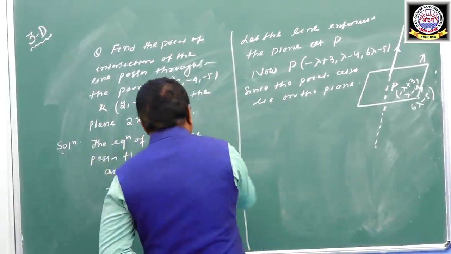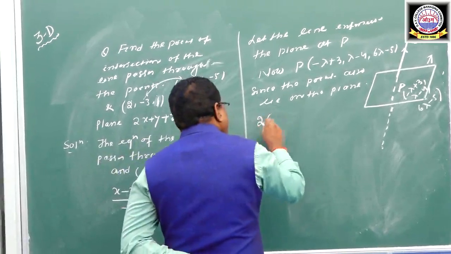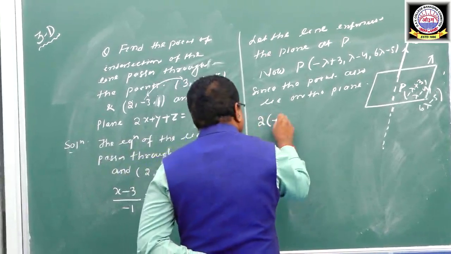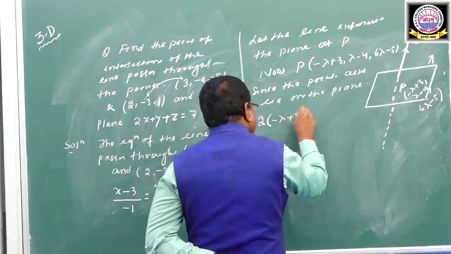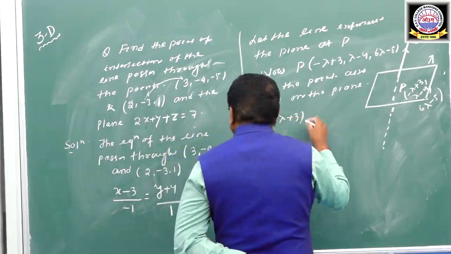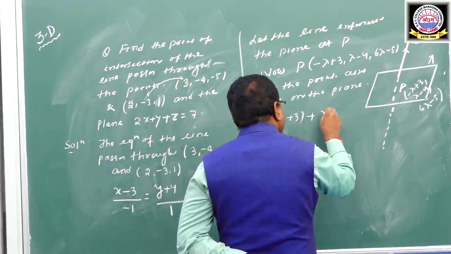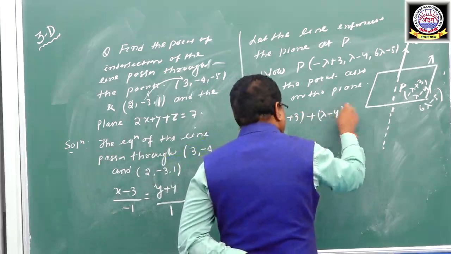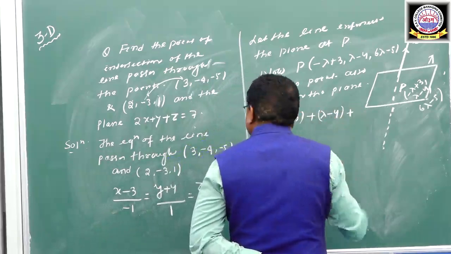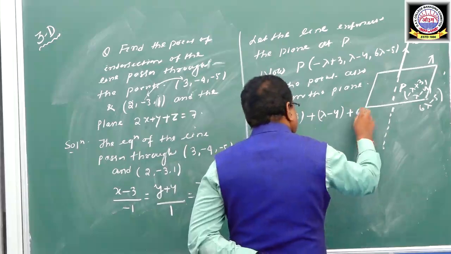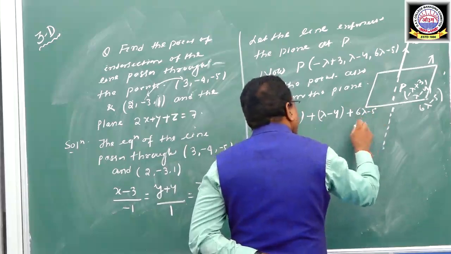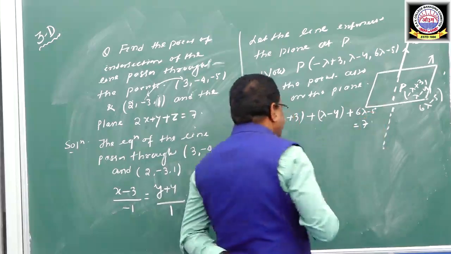Just put in the equation: 2 into the x coordinate, minus lambda plus 3, plus y, which is lambda minus 4, plus z, which is 6 lambda minus 5, is equal to 7.